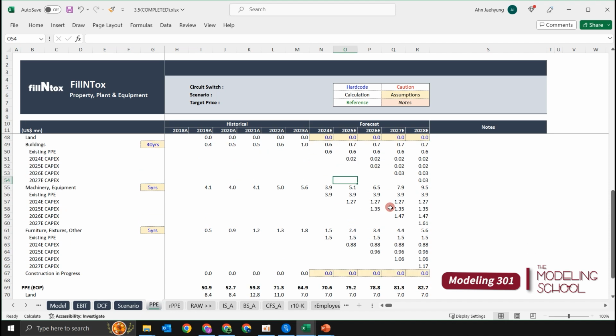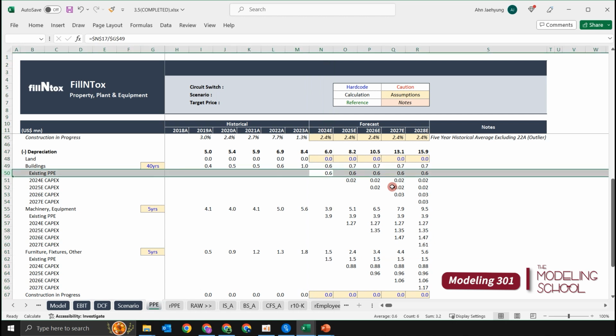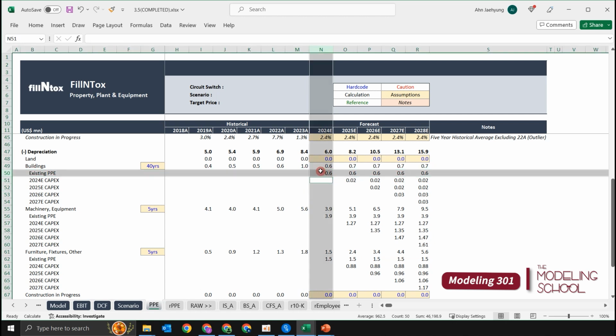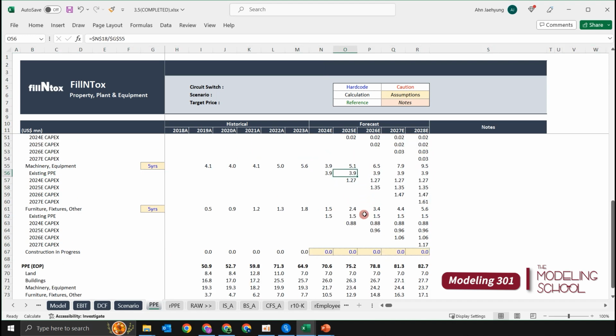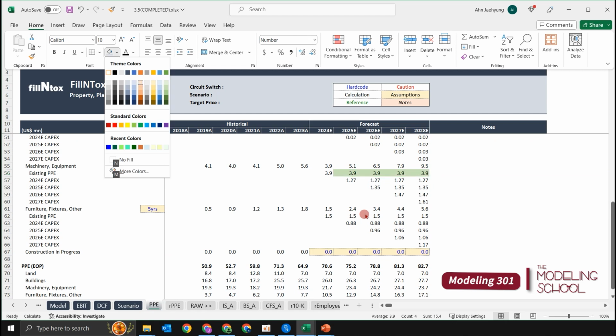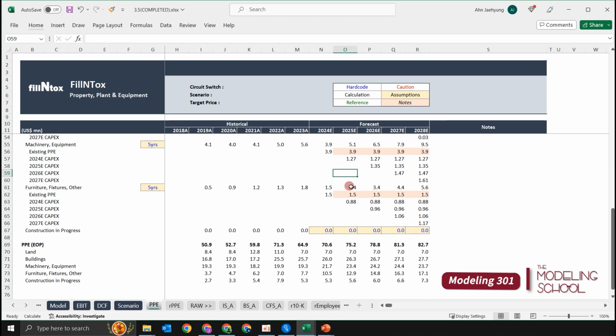What we're going to do here is, let's highlight these first. So 2024 capital expenditures, we don't have to change anything, and for buildings we don't have to change anything, but for machinery, so let's highlight these cells just to avoid confusion. So we're going to change our formula for these 4 cells.